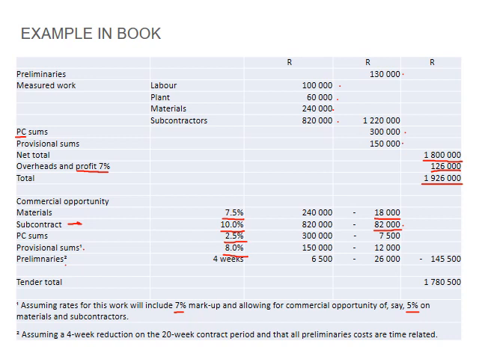And then finally your preliminaries, and this is a very important place where you will always try and get away with as much as possible evaluating your risks. But a very simplified thing that they considered here is assuming 4-week reduction on the 20-week contract period, and that all preliminary costs are time related.